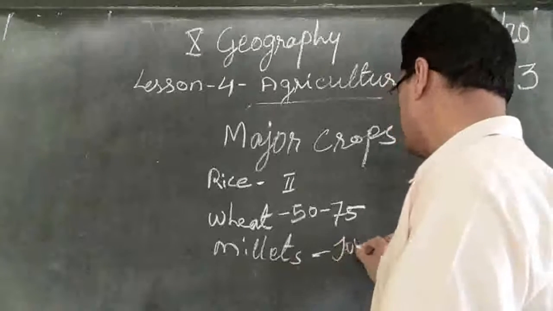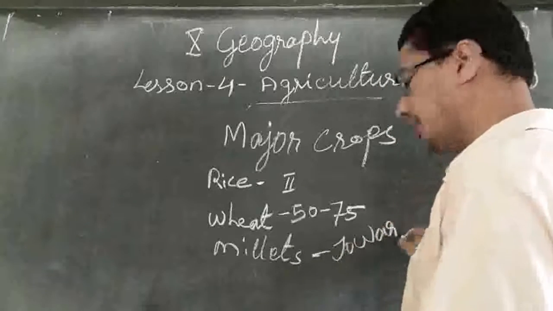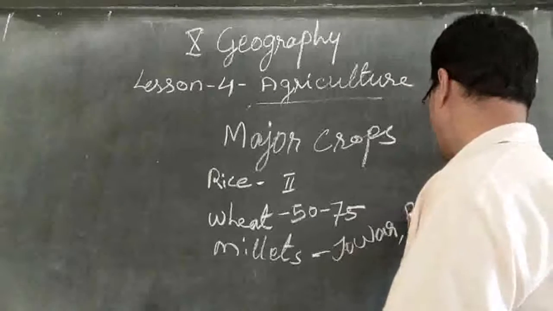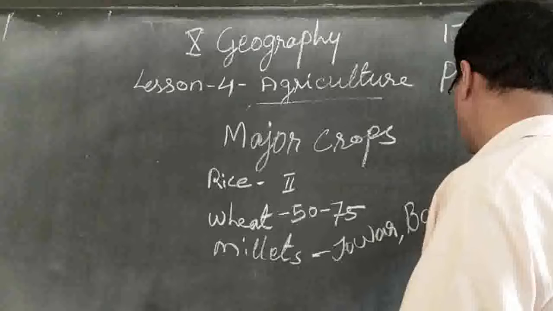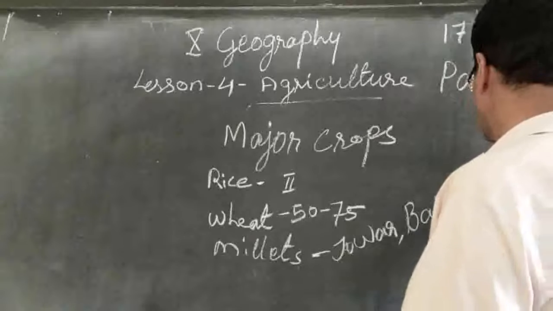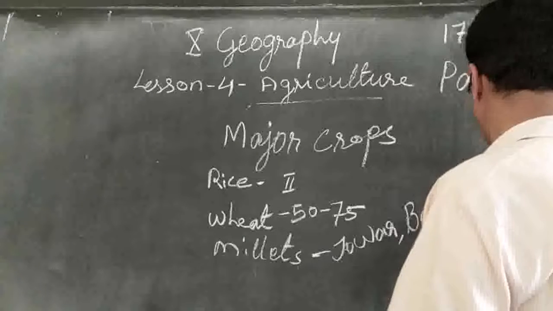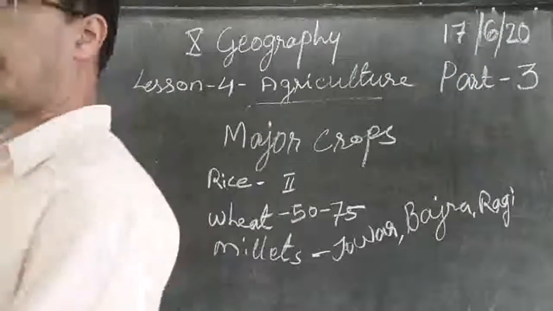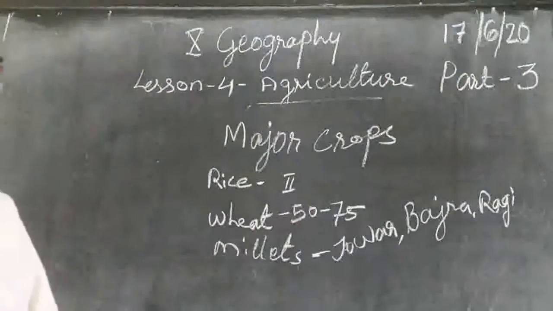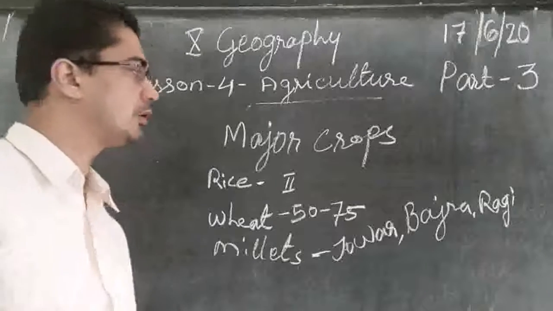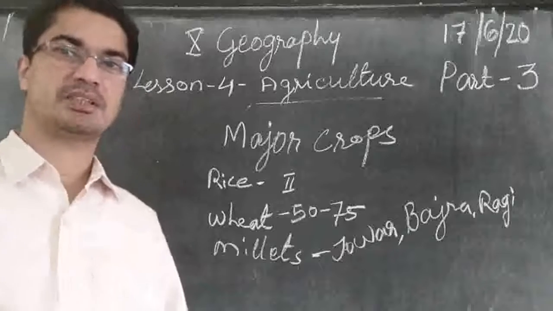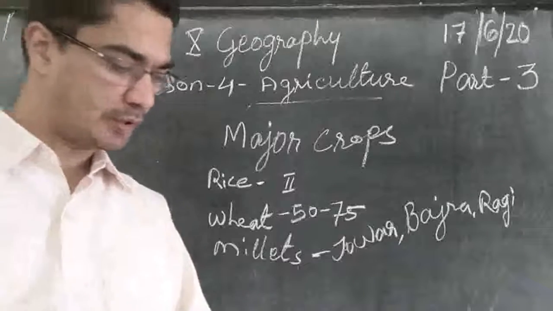Jowar, then ragi and bajra. So these are the three types of millets that we have. What are they? Jowar, bajra and ragi. These are the three types of millets that we have in our country.